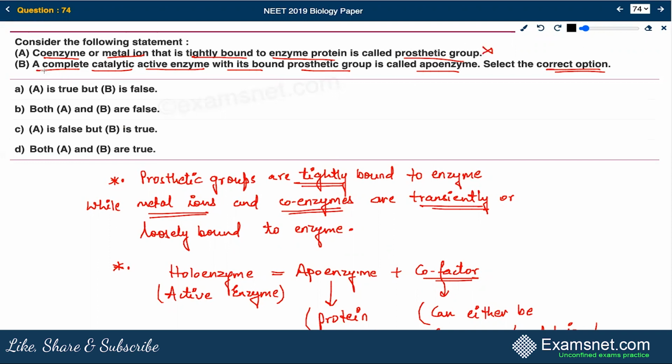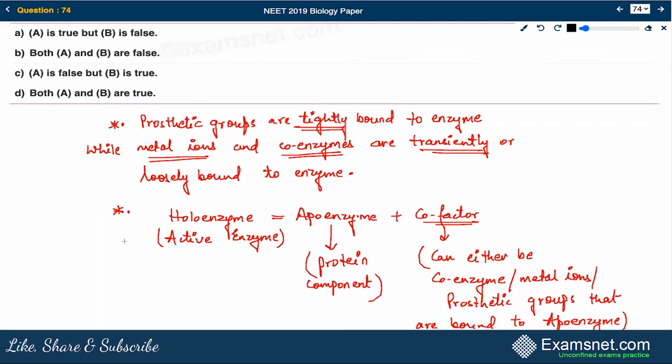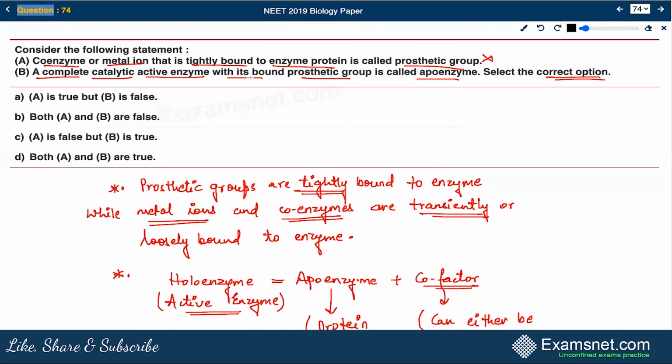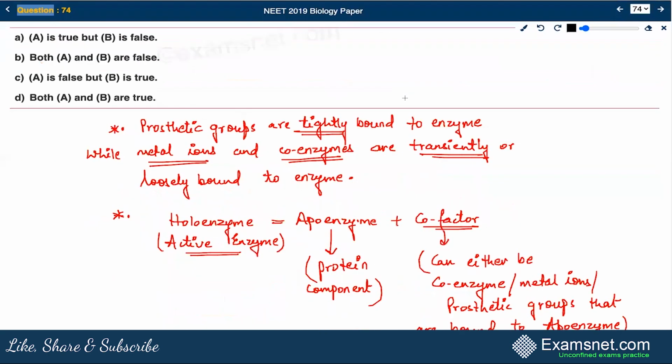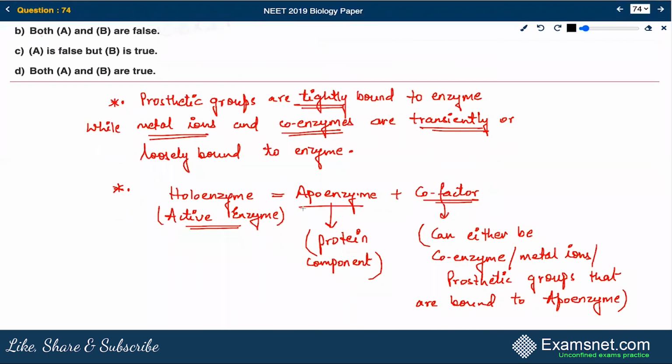And the second statement says that a complete catalytic active enzyme, with its bound prosthetic group, is called apoenzyme. The complete active enzyme is holoenzyme. Apoenzyme is only the protein component of the enzyme, without which there will be no activity in the holoenzyme.